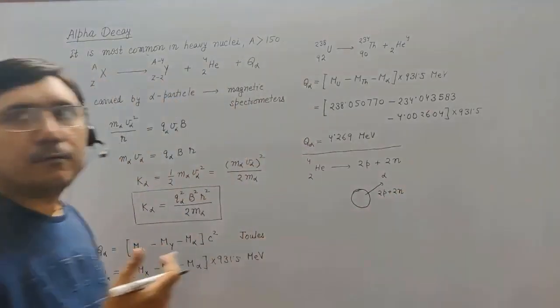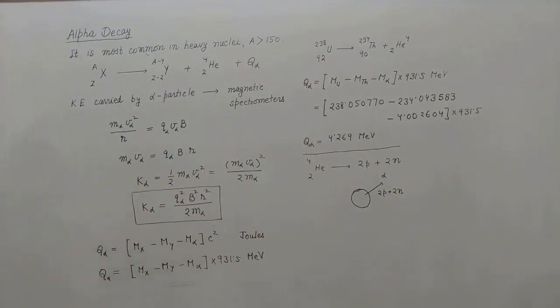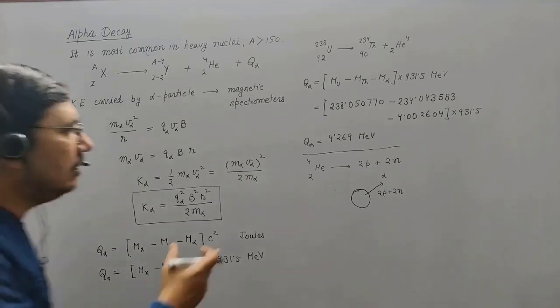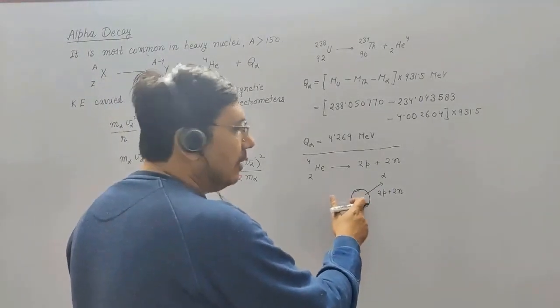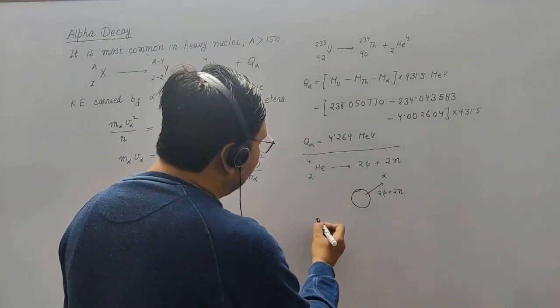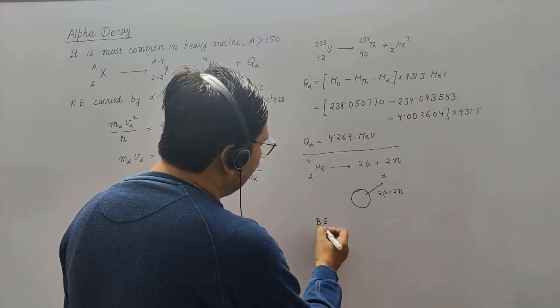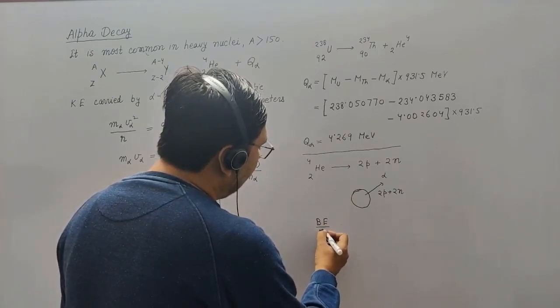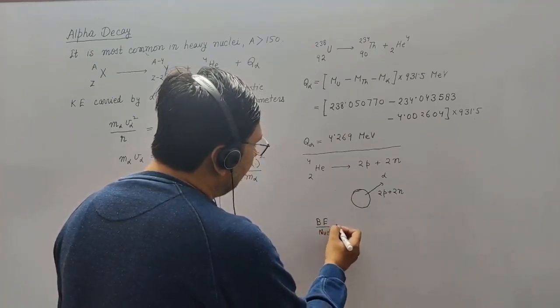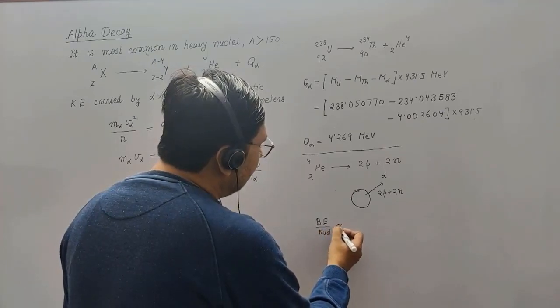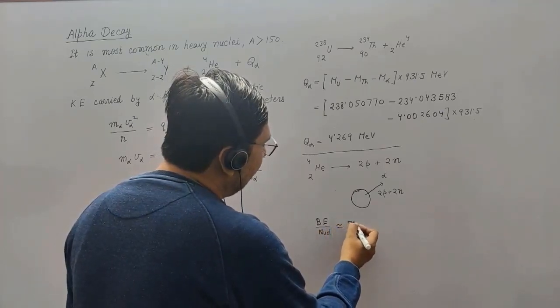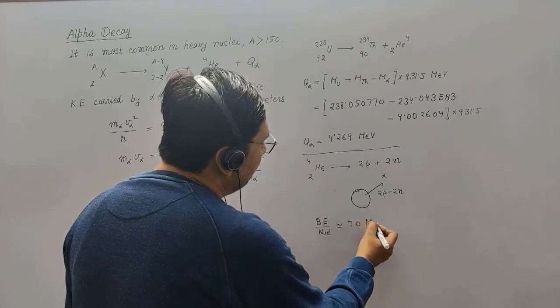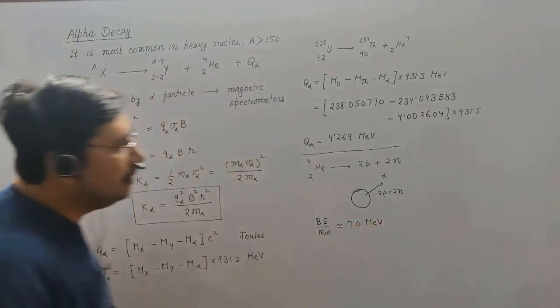So for the emission of alpha particle, what is needed? We want to remove 4 nucleons from the nuclei. And this will be a heavy nuclei. For heavy nuclei, the binding energy per nucleon is nearly equal to 7.0 MeV.